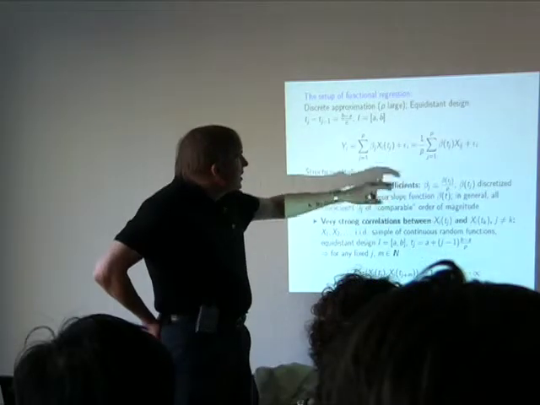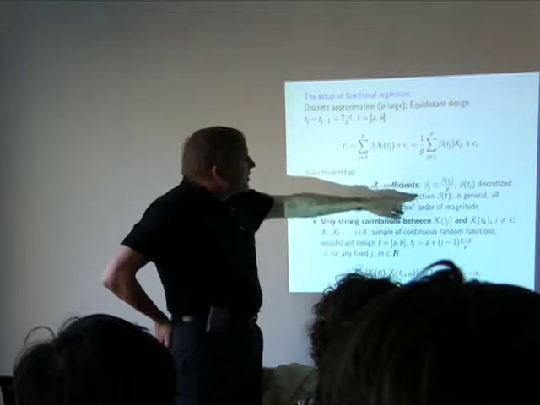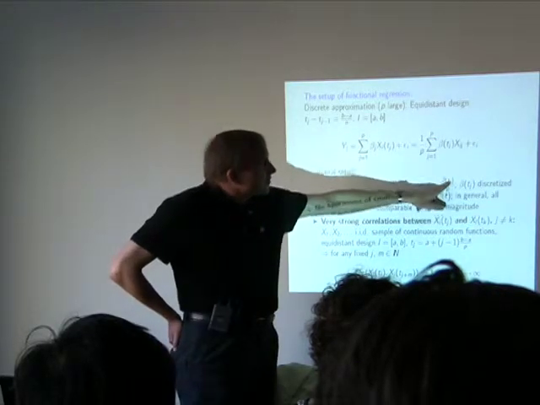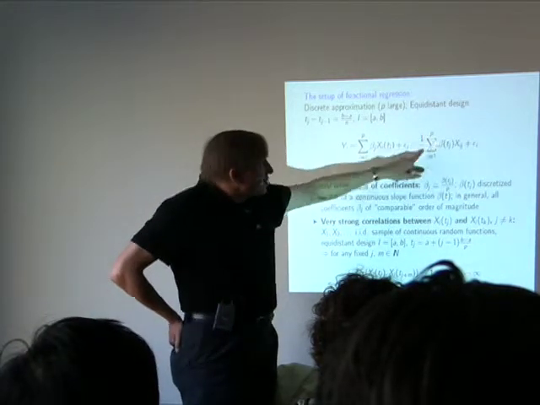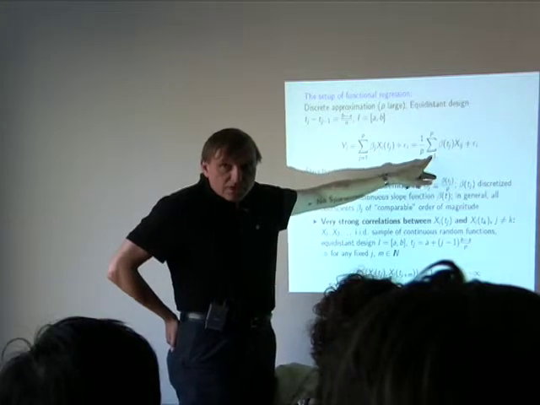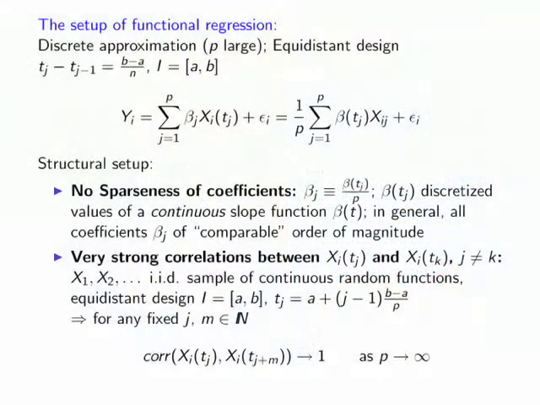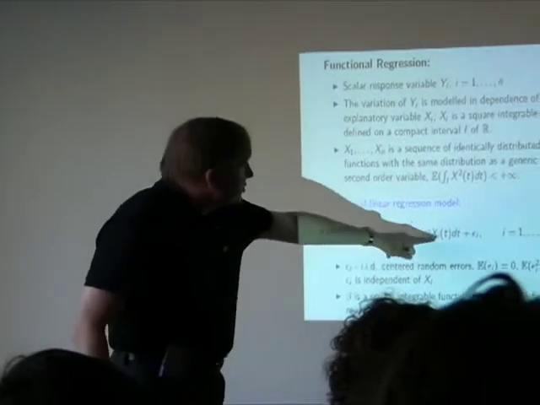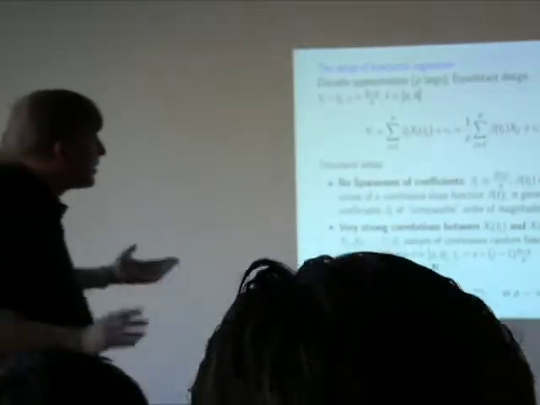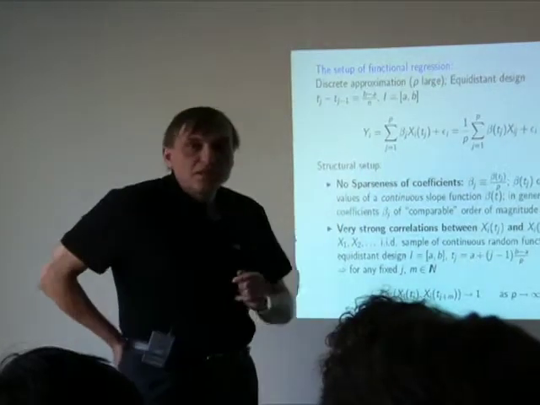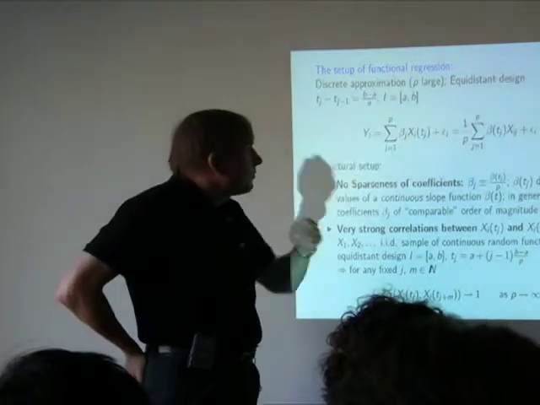Which means that if you write the coefficients this way, beta j will be the value of the slope function beta divided by p, just due to this Riemann integral. So in general, all coefficients beta j will be the value of the slope function beta in this continuous integral divided by p, because this Riemann sum will approximate the integral.